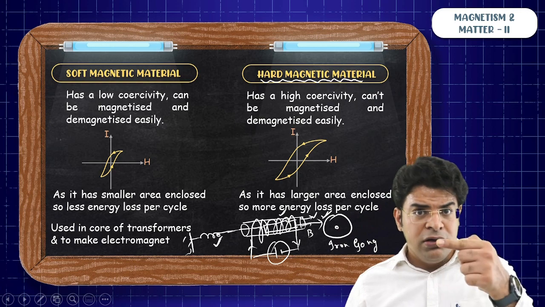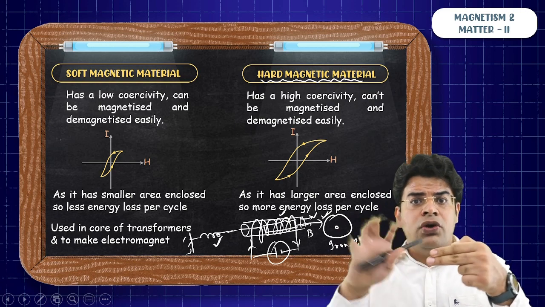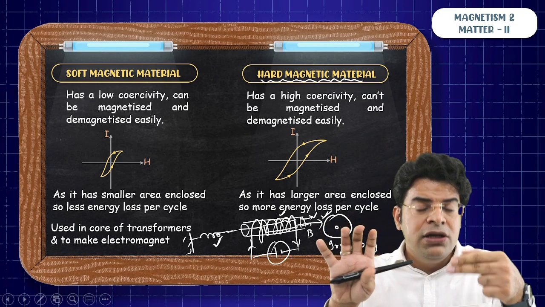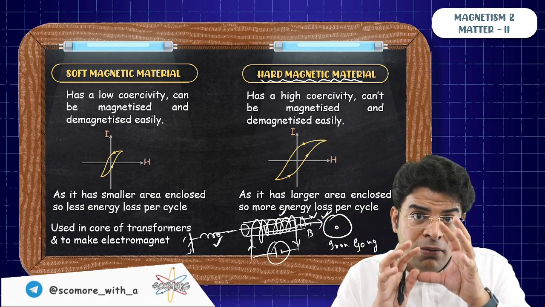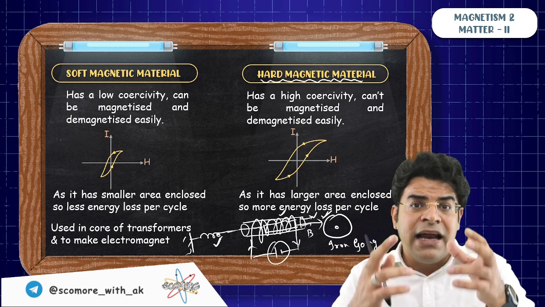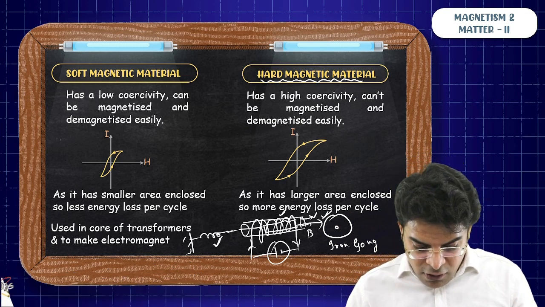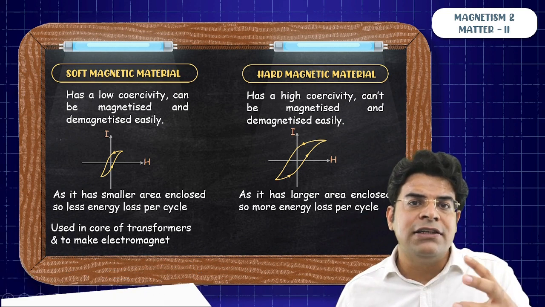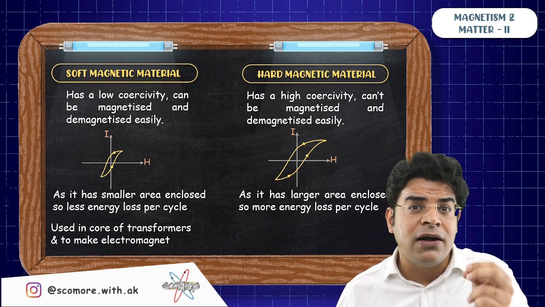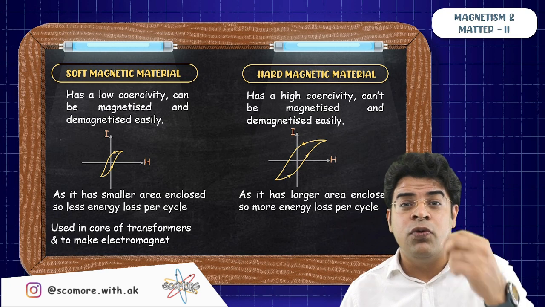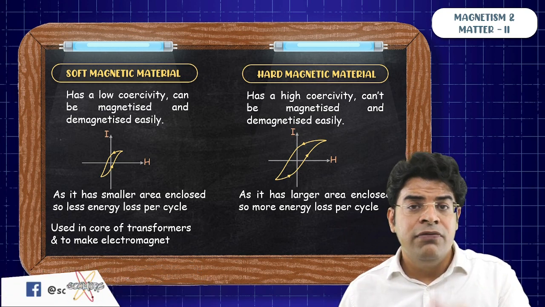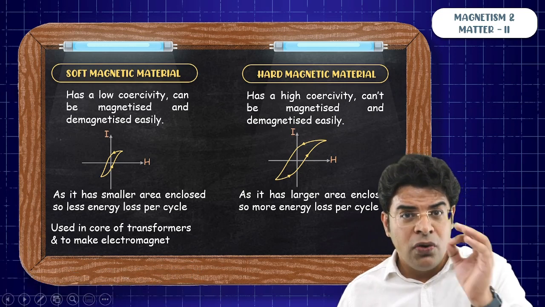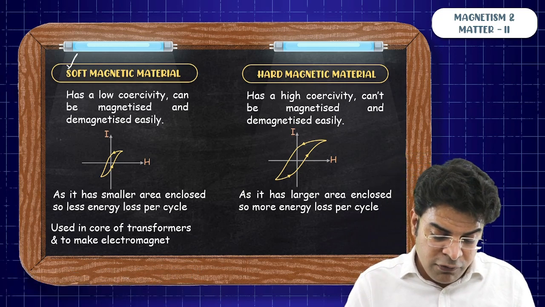But you want the iron piece within the solenoid to go hit the gong, and once the current stops, to come back, right? So that's why the type of material used within the electromagnet is soft magnetic material. Electromagnets are the substances which we need to act like a magnet only when current is flowing through the circuit. We want it not to act like a magnet when no current is flowing. So in electromagnets, we use soft magnetic material.